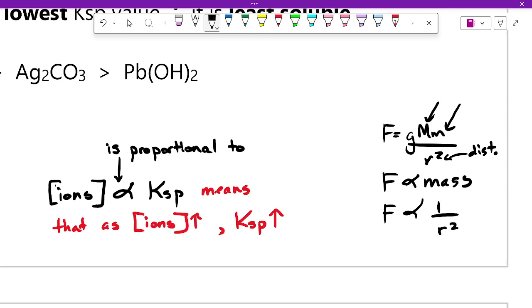So as the distance increases, the force gets smaller, not just 1 over x, it goes 1 over x squared. If that made no sense to you, you can just ignore it, and just know that when I say ions is proportional to KSP, that means as the ion concentration increases, the KSP also increases. That's all you really need to know.